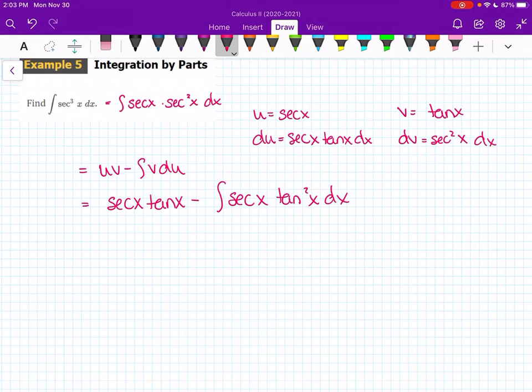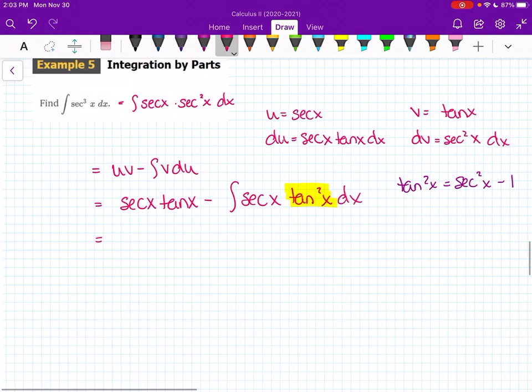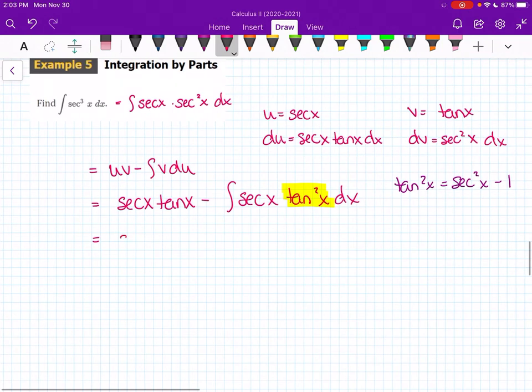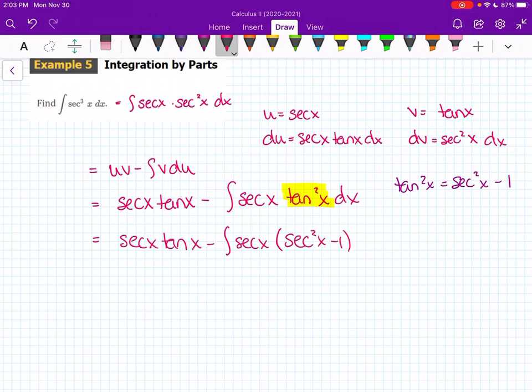So what I'm going to do is I'm going to use an identity here on tangent squared. So the identity I'm going to use is that tangent squared of x equals secant squared of x minus 1. So now my equation is secant x tan x minus the integral of secant x times secant squared minus 1 dx.